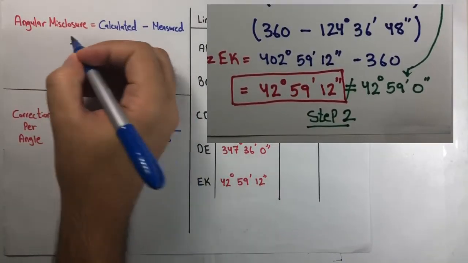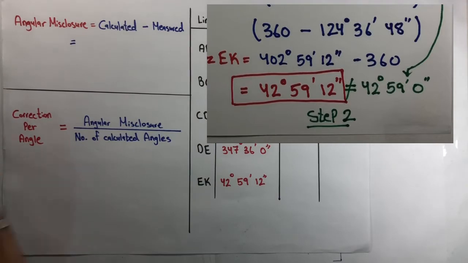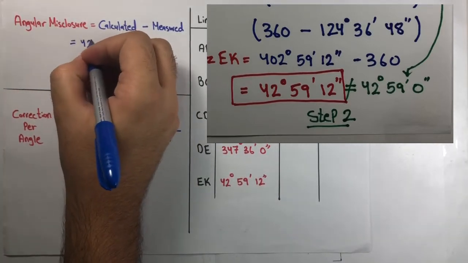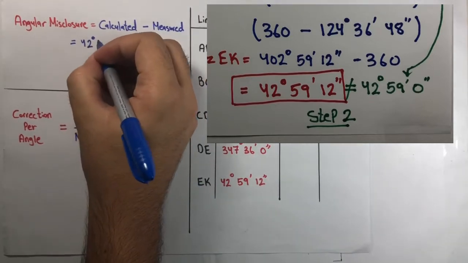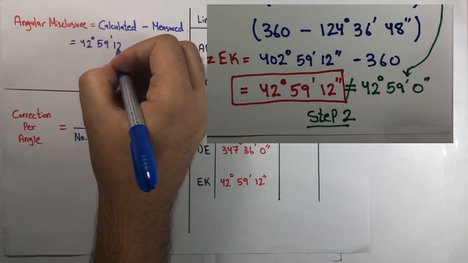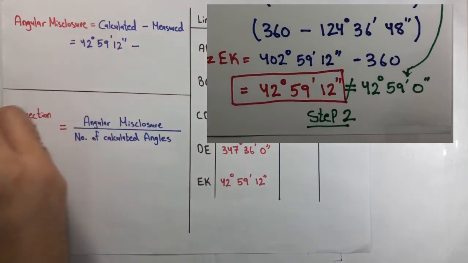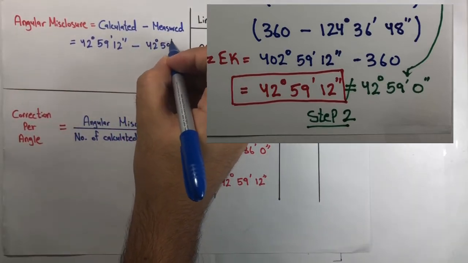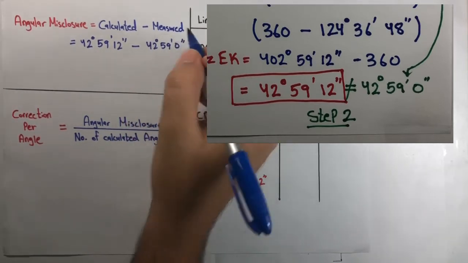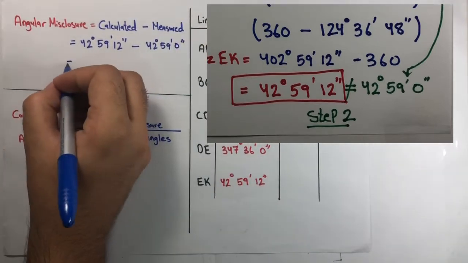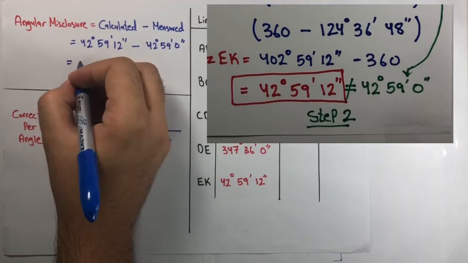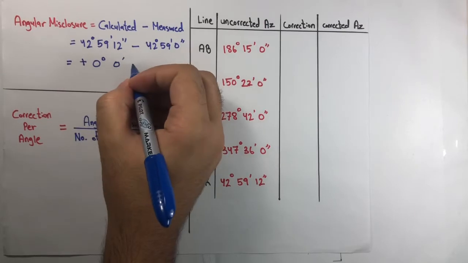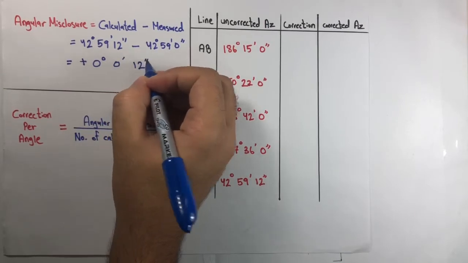So from the previous page as shown, we can find that the calculated is 42 degrees, 59 minutes and 12 seconds minus the measured 42 degrees, 59 minutes and 0 seconds. So this will give us an angular misclosure of positive 0 degrees, 0 minutes and 12 seconds.